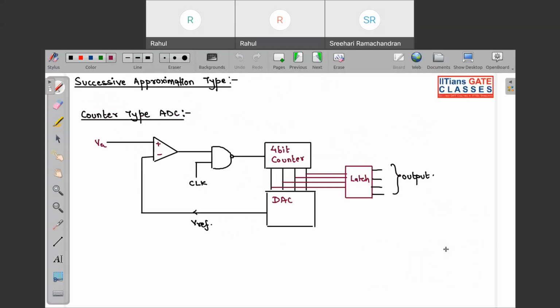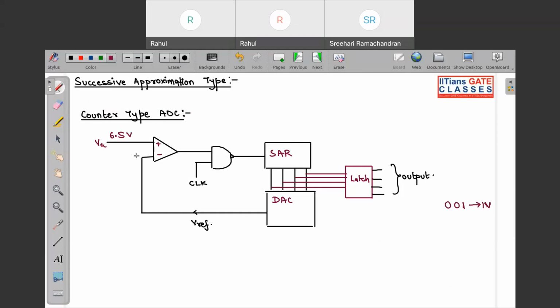This is also like the counter type ADC only. The only thing is that instead of this 4-bit counter, over here we have a SAR unit, successive approximation register. Basically, suppose I want to convert 6.5 volt. Here also I am telling that this DAC has a resolution of 1 volt.